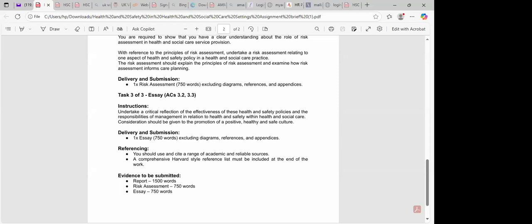We've identified that risk assessments are done to mitigate the likely occurrences of harm or hazards, isn't it? Yes. Once we've spoken about risk assessment, we can never talk about risk assessment in care without person-centered care. I talked about it.